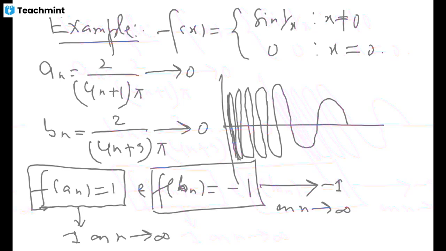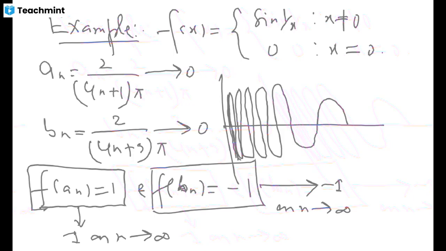So what situation do you have here? You have two sequences. They are converging to 0, but the corresponding image sequences have different limits. They do not have the same limits. If this function had a limit at 0, then according to the sequential characterization of limits, for these two different sequences converging to 0, the corresponding image sequences must have the same limit.